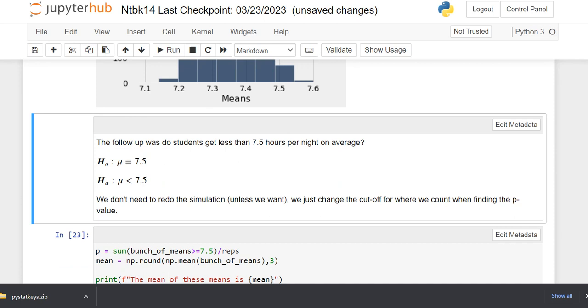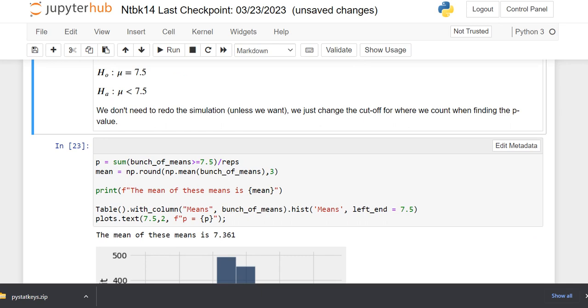And so what do we do if we want to test this hypothesis? Do students get less than 7.5 hours of sleep at night? Here they're changing the cutoff. If you notice, they used 8.0 up above, and we're using 7.5 right here.